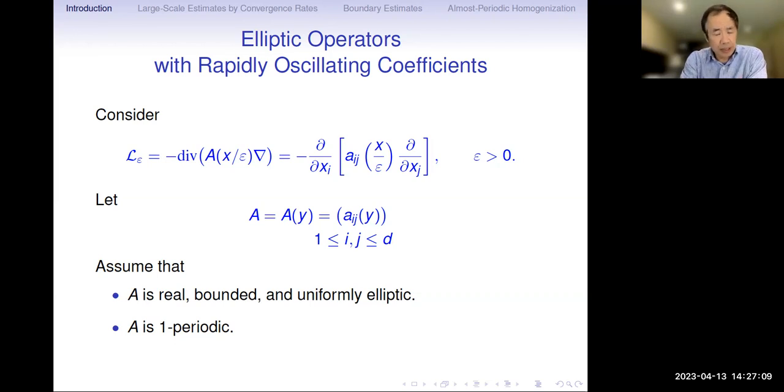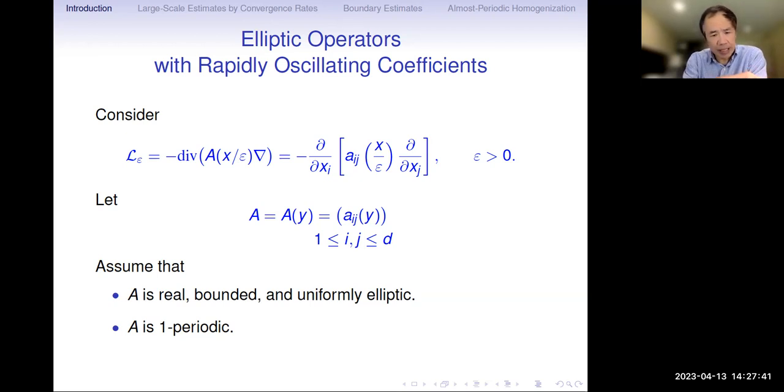So we consider this divergence form operator. The coefficients has a parameter epsilon sitting in the denominator of the variable x over epsilon. Epsilon is small. And we are assuming the coefficient matrix without epsilon, the rescaled one, is real, bounded, and uniformly elliptic.